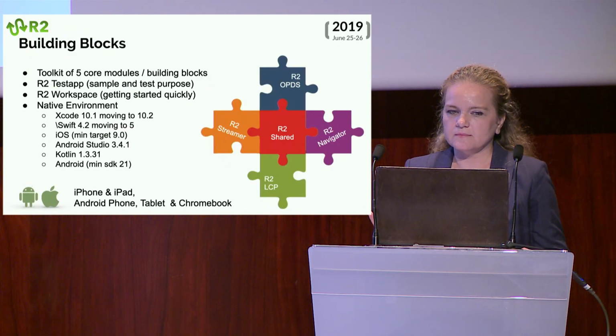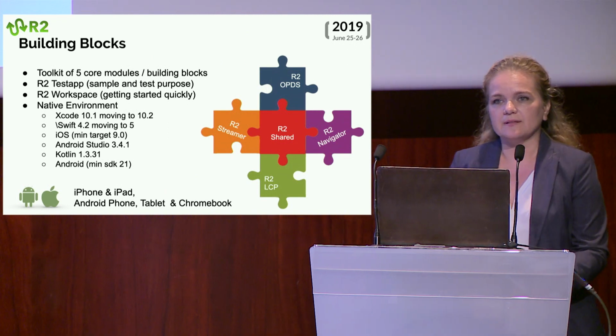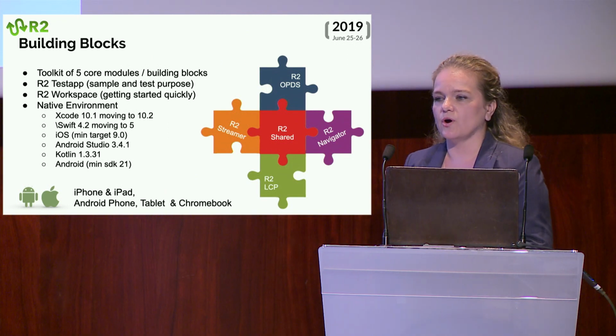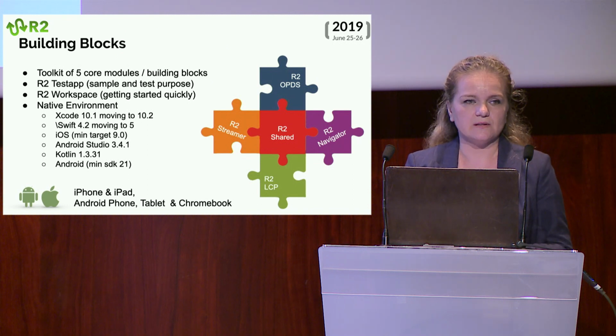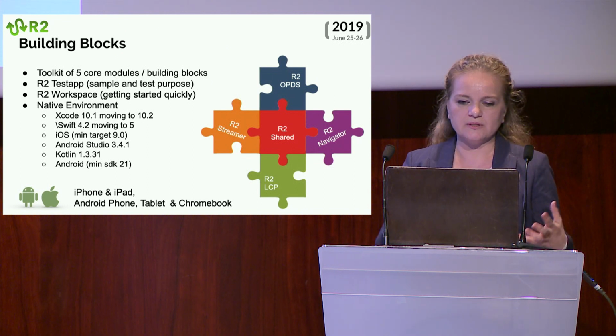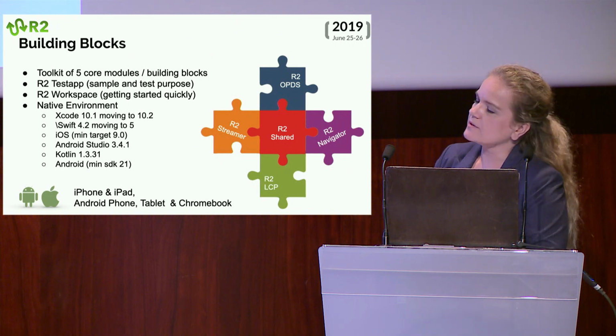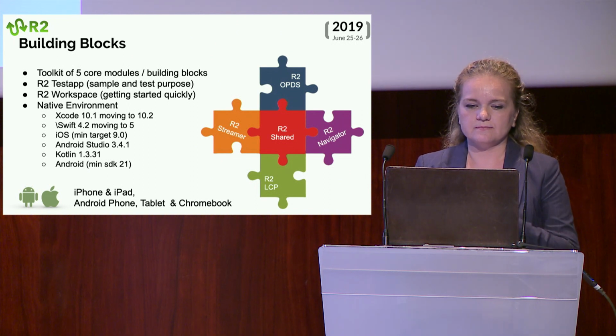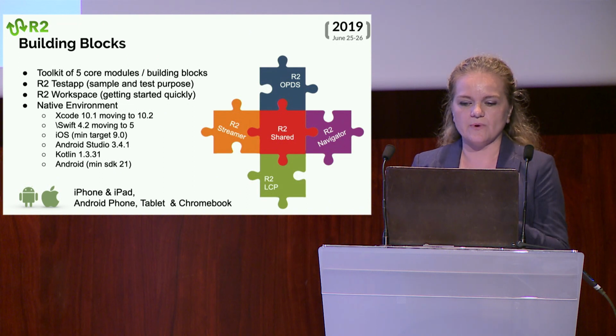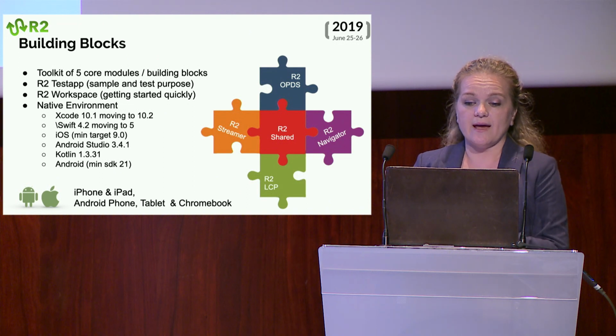Last year, we mentioned at the DPUB Summit that the R2 modules are building blocks to create apps. And I've tried to put this together: we have these 5 core modules. We have the R2 shared, Navigator, Streamer.